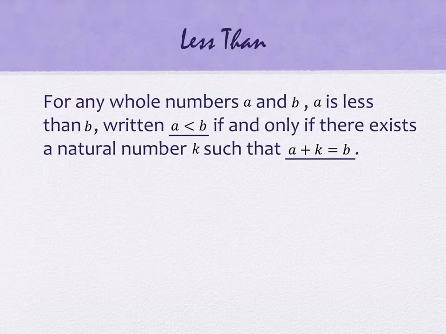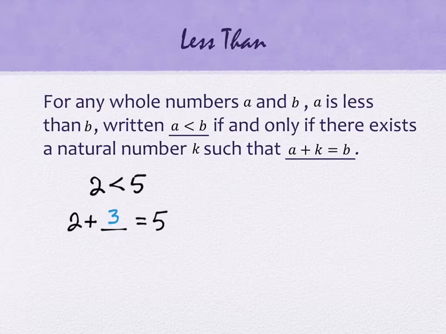You may not have thought about it that way, but the reason that 2 is less than 5 is because there is a number I can write here that makes this statement true. Right? It's the number 3. 2 plus 3 is 5. If there's not the ability to put that number in there, in this case the 3, then this is not a less than statement. Okay, and it's got to be a whole number I'm putting in there too to make it work.